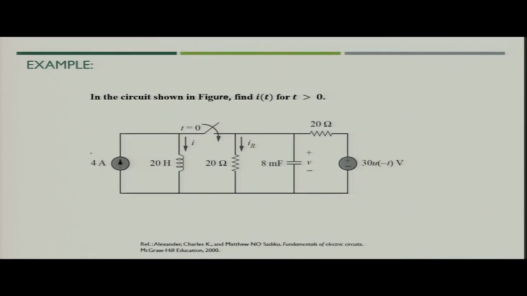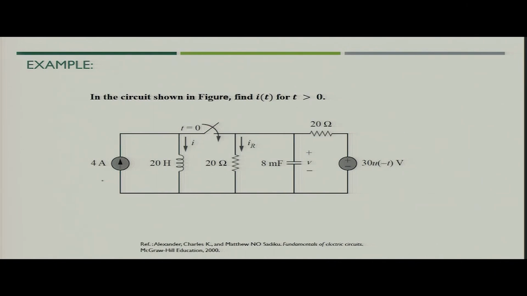Here, if you see the circuit, the 4 ampere current source is connected across the inductor. So, at time t less than 0, when the switch is opened, the current is flowing only through the inductor. So, you can say that at time t less than 0, the circuit is divided into two parts.